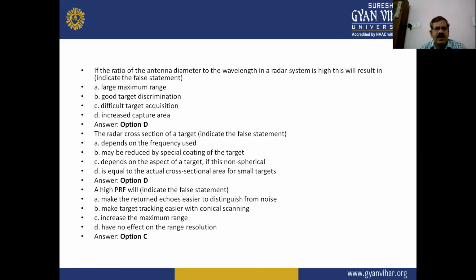Option C, difficult target acquisition. D, increased capture area. So here option D is the false statement, that is the increased capture area.